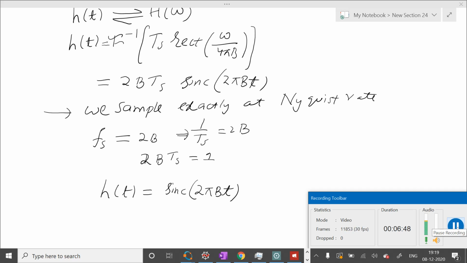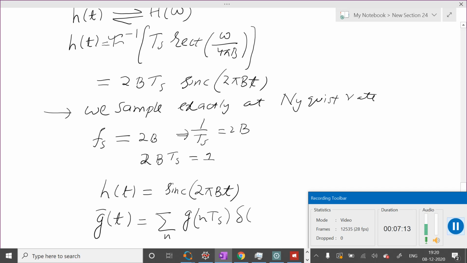Now we recall how we wrote the sampled signal in the previous lecture. If you remember how we wrote the g bar of t, it was written as summation over n of g of nts delta of t minus nts, right?